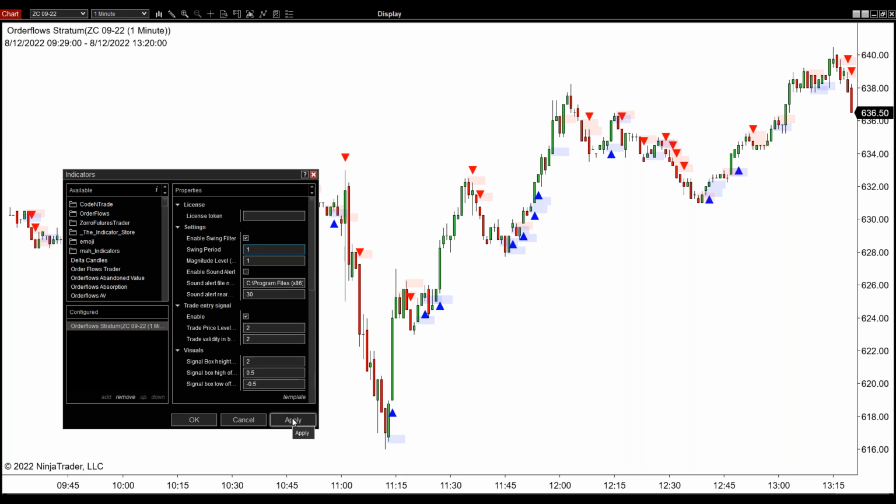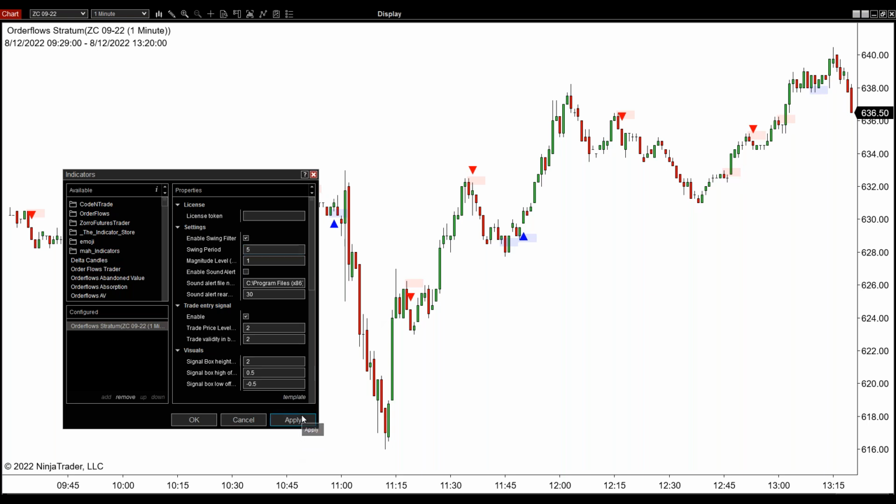The minimum you could use is 1, right? So now you're seeing, here, up here, up here, a few less trades because you got the swing filter there than when it's off. But if it's set to a higher number of 5, this one will disappear, this one will disappear.